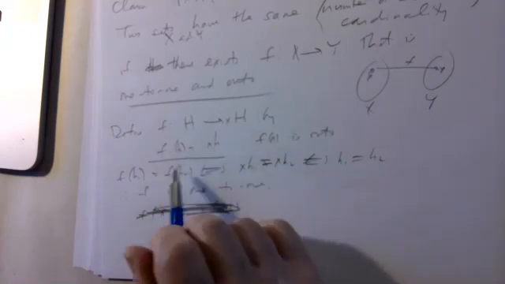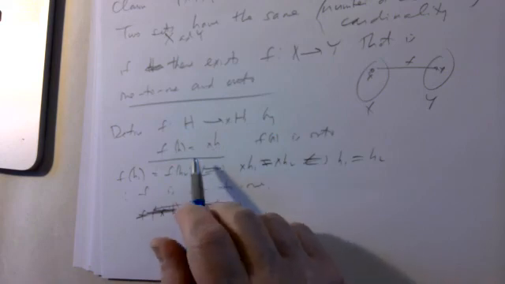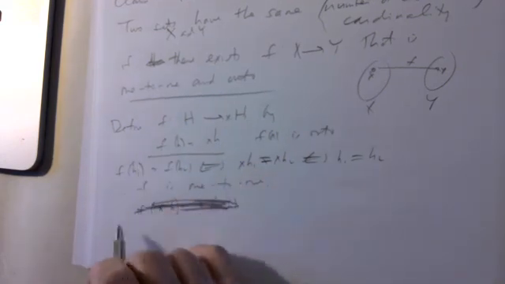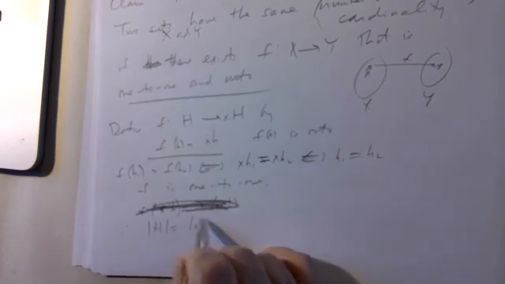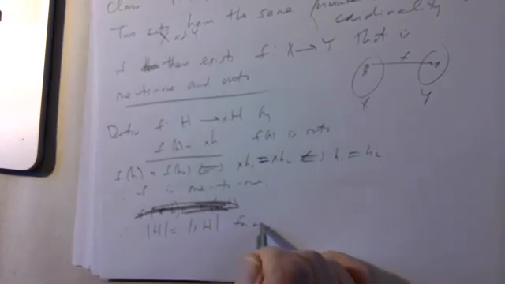This function is onto, and the previous step says it's 1-to-1. So f is a 1-to-1 and onto function. Therefore, the cardinality of H equals the cardinality of xH for all x.